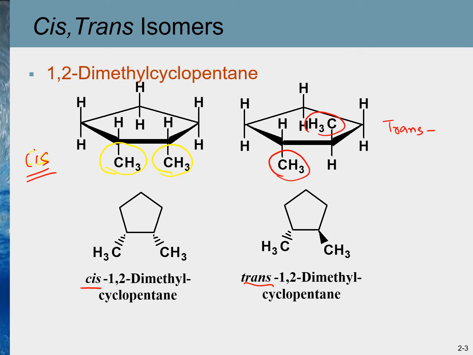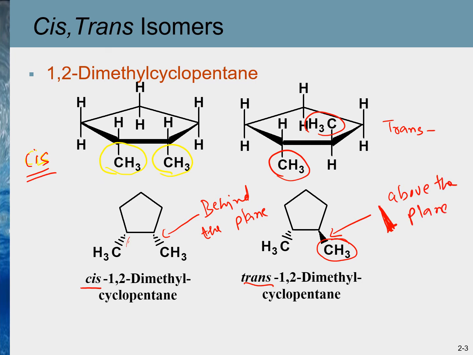We also use the dashed and wedge bonds to indicate whether the substituents are above the plane or below the plane. The wedge bond means that the substituent is coming towards you or out of the plane, and the dashed bond means that the substituent is away from you or behind the plane.